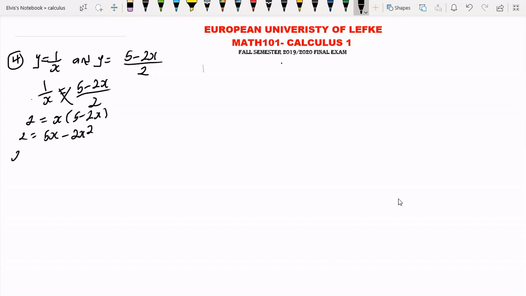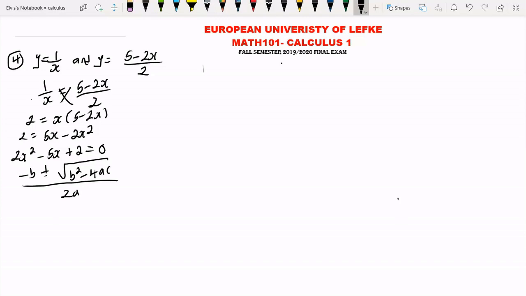So this is going to be equal to 2s squared minus 5s plus 2 is equal to 0. As you can see, guys, we are now having a quadratic function. So we're going to use the quadratic formula, which says minus b plus or minus the square root of b squared minus 4ac, divided by 2a.